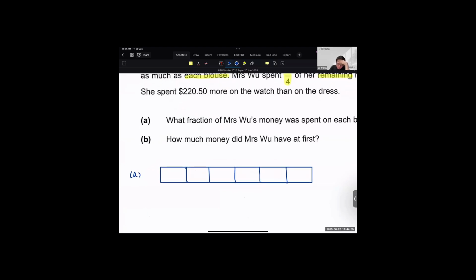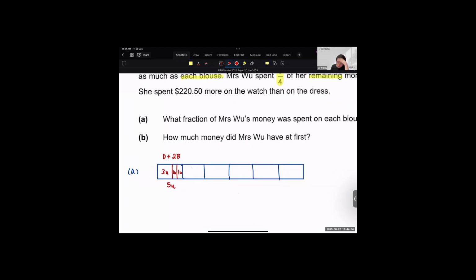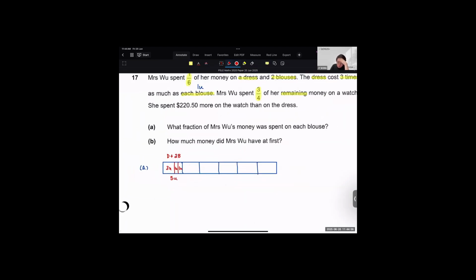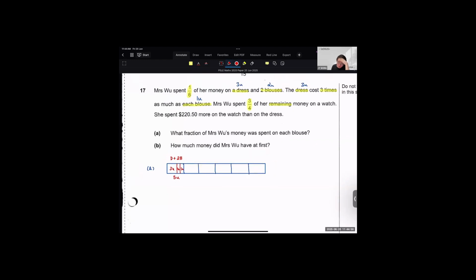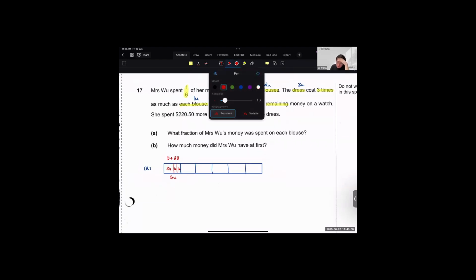So I need to further cut this into a dress and 2 blouses. A dress is 3 units. So 2 blouses is 1 unit each. So this is 1 dress plus 2 blouses, which is the equivalent of 5 units. Agree? So this was what was spent.